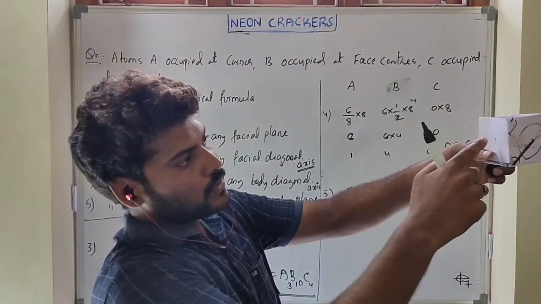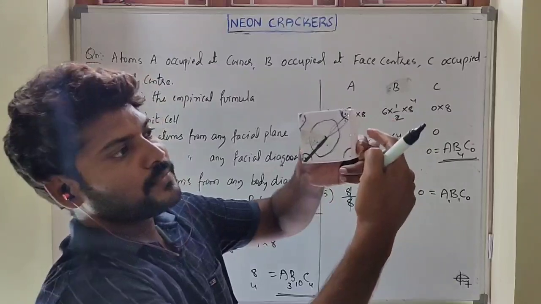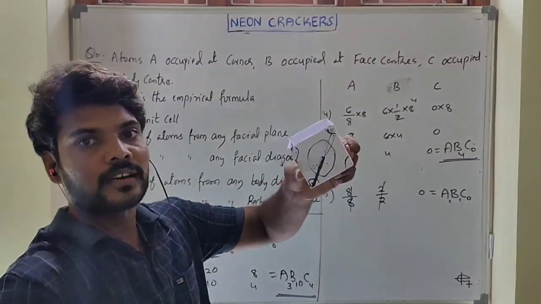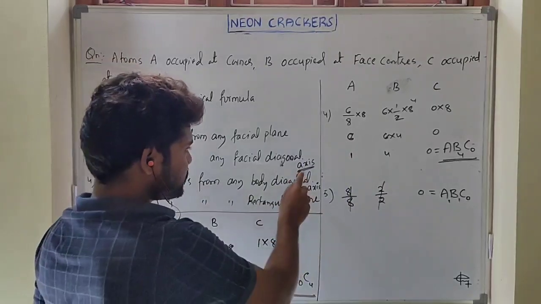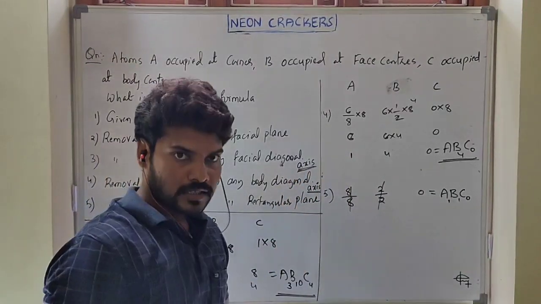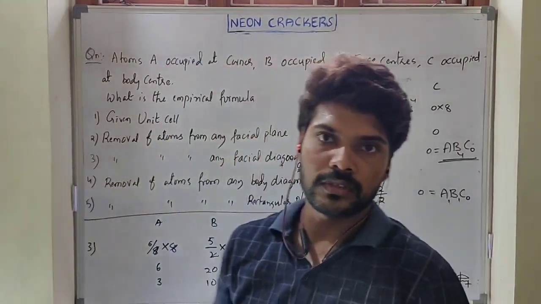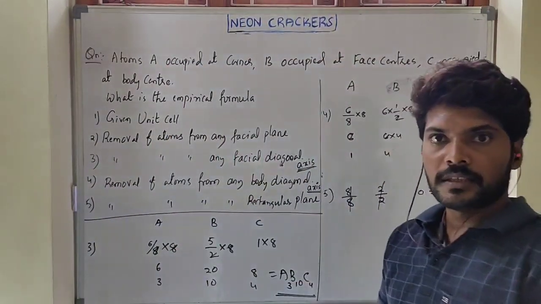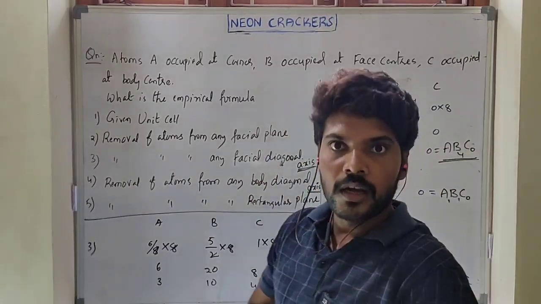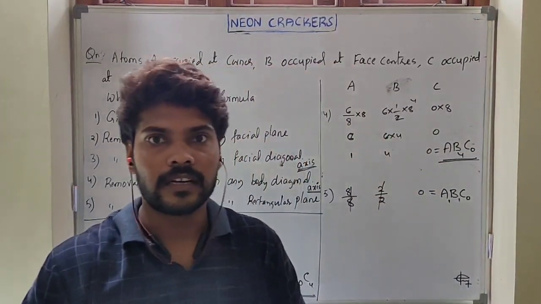Through this plane, this face center atom and this face center atom, these 2 are removed, and in between one body center atom is also removed. So be careful, that's why I told you this is about body diagonal axis. If they mention body diagonal plane, you have to choose another imaginary way, right? And this is about how to find the empirical formula in different conditions.